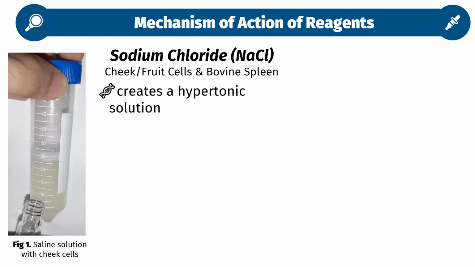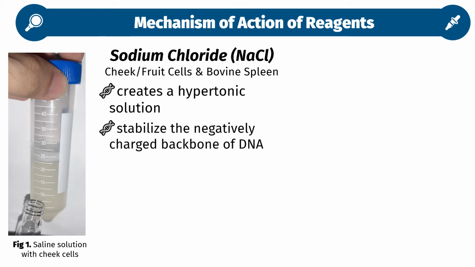Since the phosphates of each nucleotide in the DNA contribute a negative charge, this makes the DNA anionic in physiological pH. Sodium cations neutralize and stabilize this negative charge. As a result, DNA easily dissociates from water. Thus, the introduction of sodium cations promotes the precipitation of DNA in the next steps.